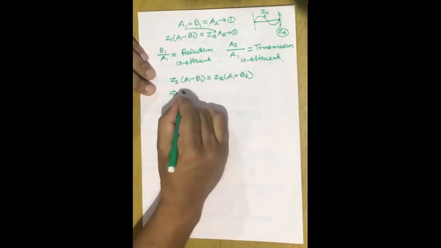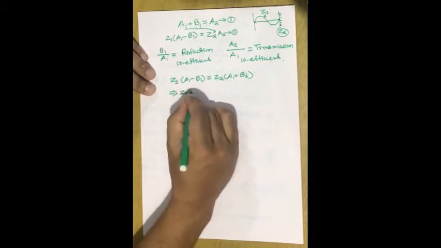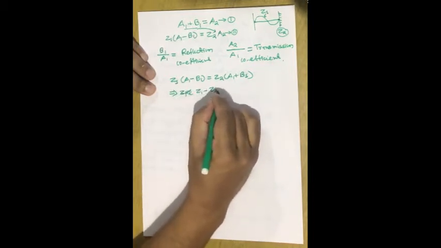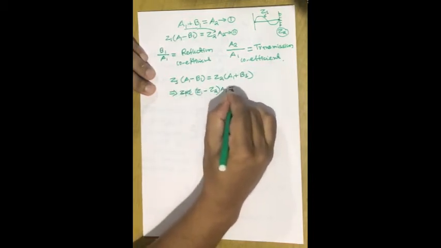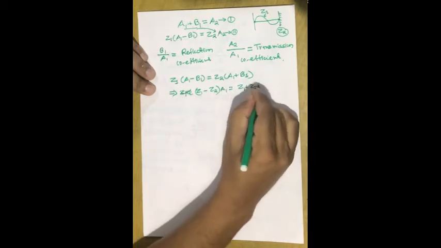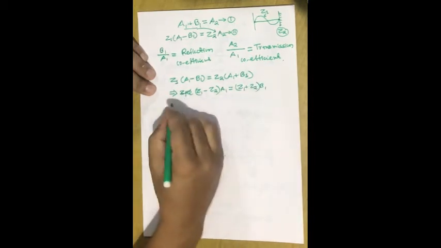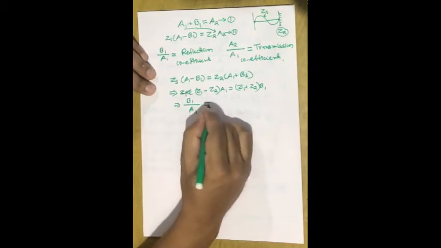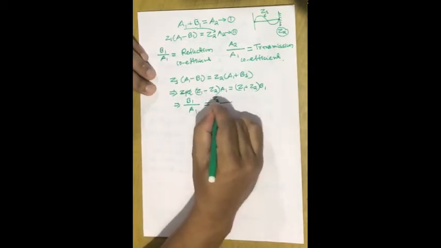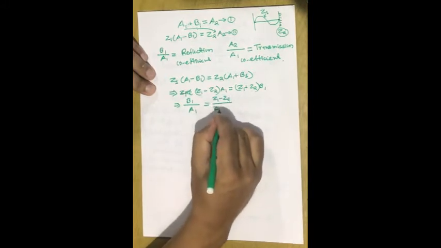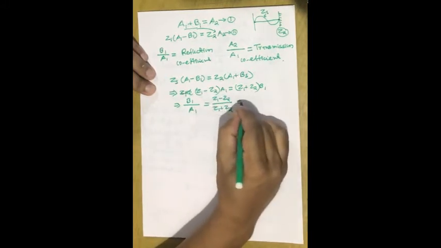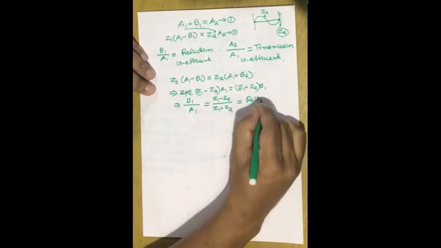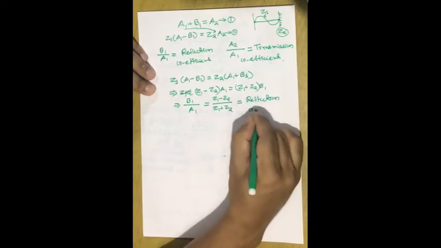So Z1 minus Z2 into A1 is equal to Z1 plus Z2 into B1. So B1 over A1 will give us Z1 minus Z2 over Z1 plus Z2. So this is the value of our reflection coefficient.